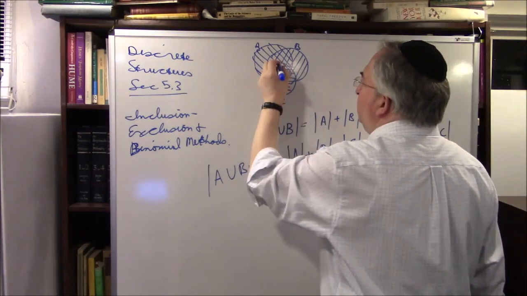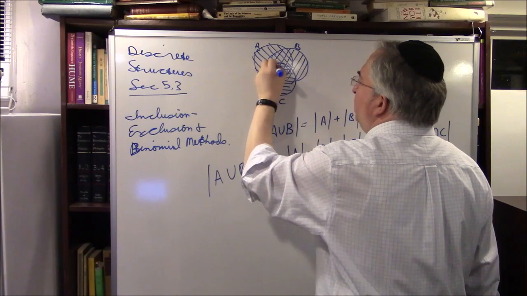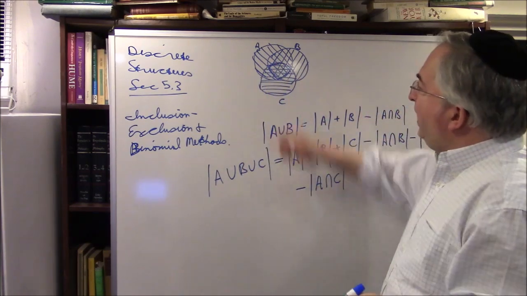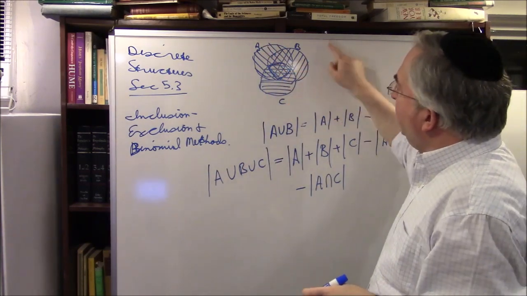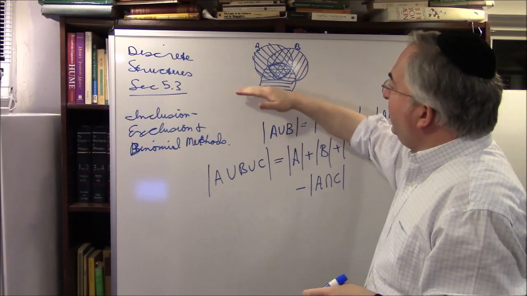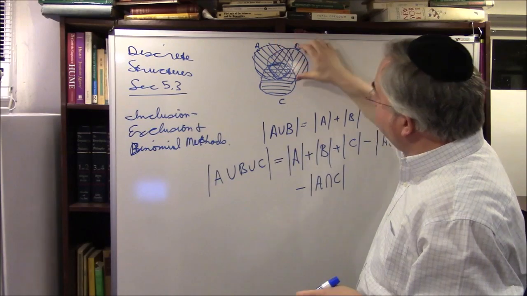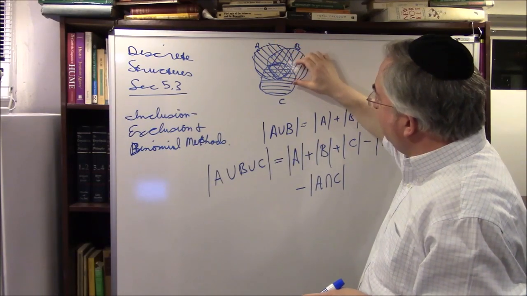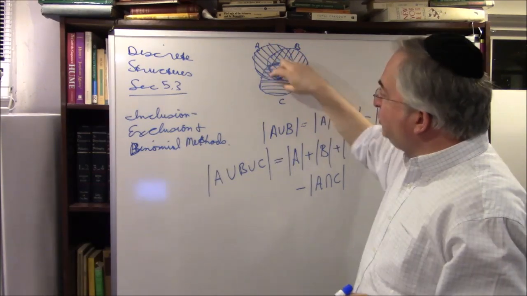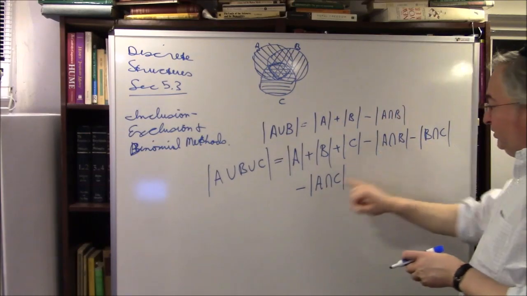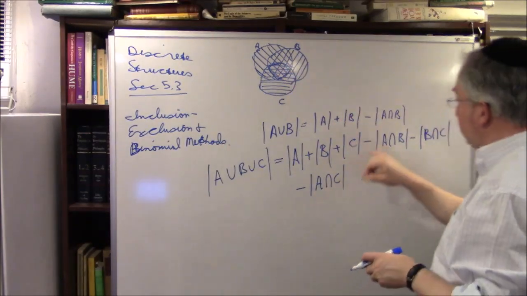Okay. Now, hold on one second. Let's look at this middle region, which is the intersection of all three of them. I added it once with A. I added it twice with B. I added it three times with C. Then I subtracted it once, I subtracted it twice with these intersections, and then I subtracted it three times. This middle thing is in all three of these things.